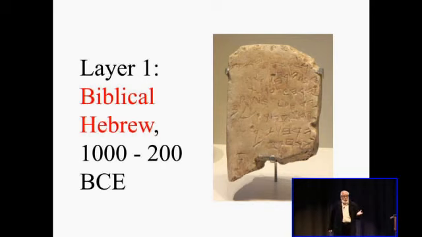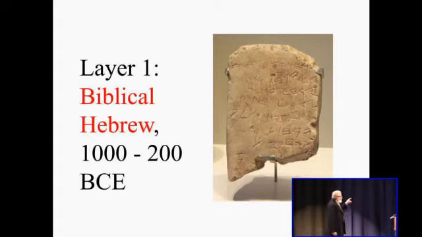What is biblical Hebrew? It's the language the Bible was written in and preserved and brought through the years by tradition. What we see here is called the Gezer Table. The Gezer Table is a bit earlier than the Bible, and it's almost the only documented item that shows us what happened before biblical time.